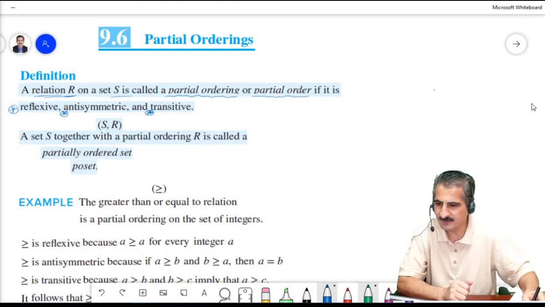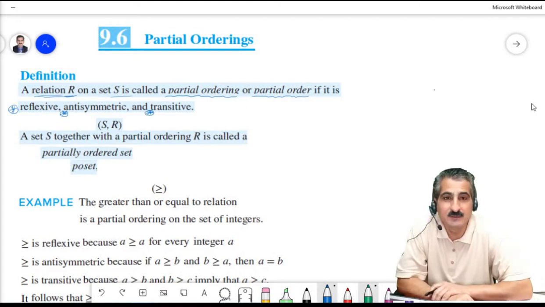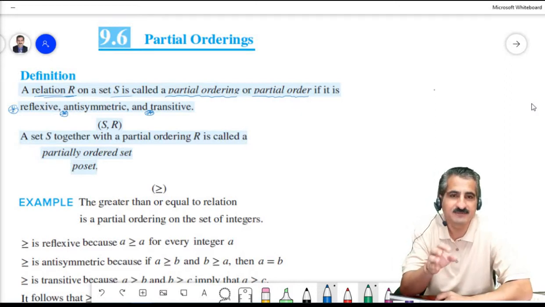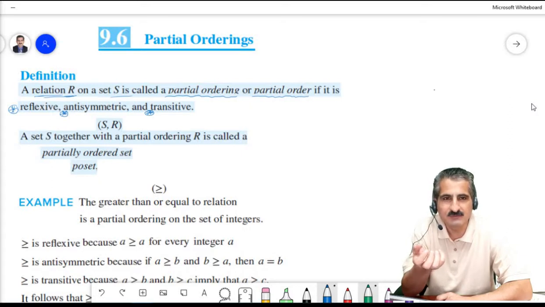Simply, we know these properties. We know that a relation which is symmetric, reflexive, and transitive is called an equivalence relation. This is close to it, but replacing symmetric with antisymmetric. So a relation which is reflexive, antisymmetric, and transitive would be called a partial order.